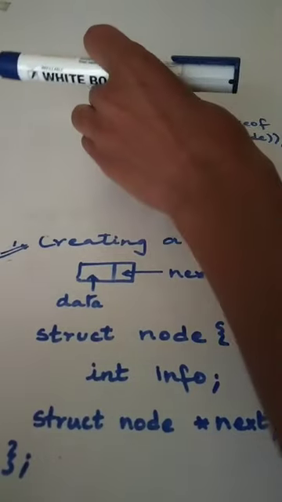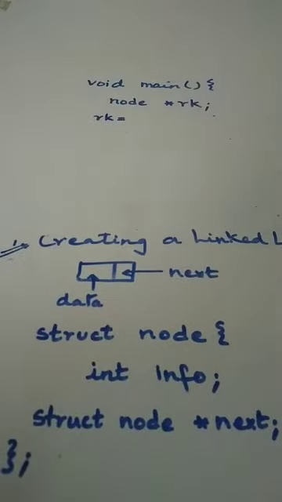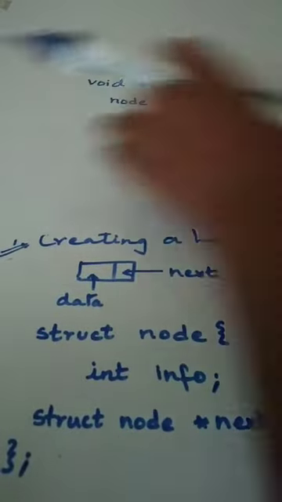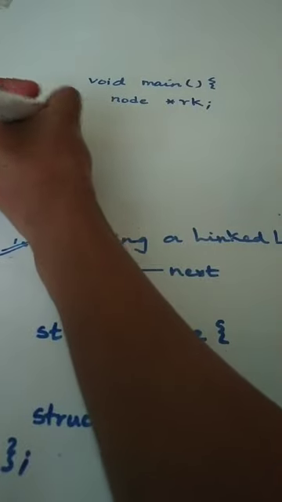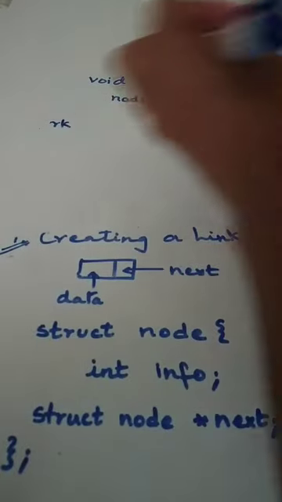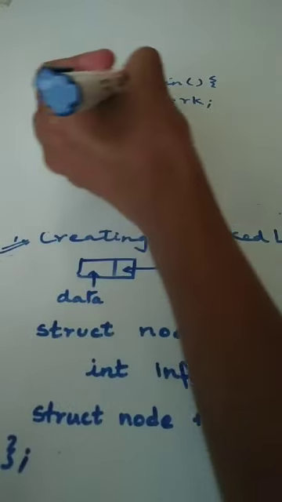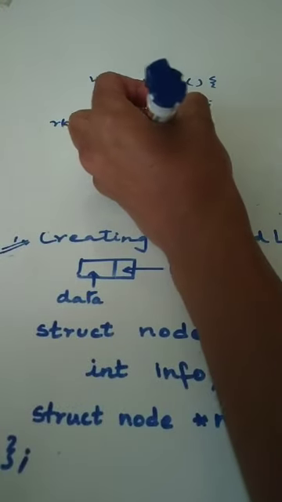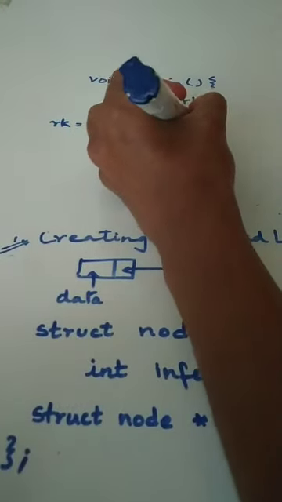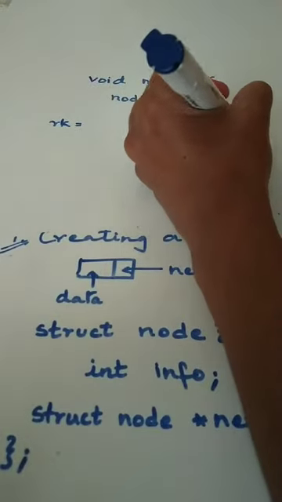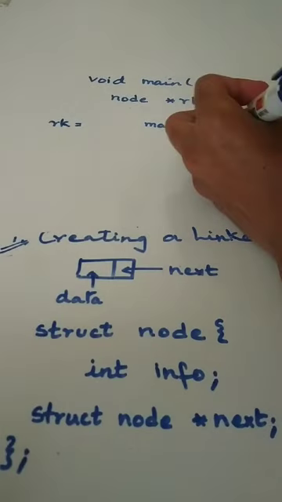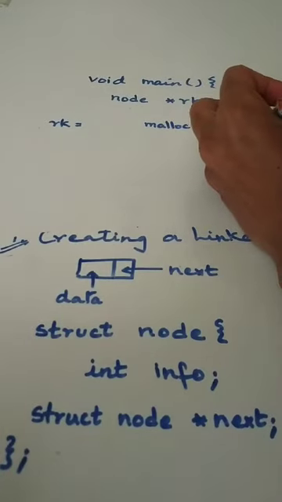So I'll make a few changes in this line of code. I think I should write it a bit that side so that everything comes in one line. So I could say rk equal to, what I had written till now, malloc size of node.